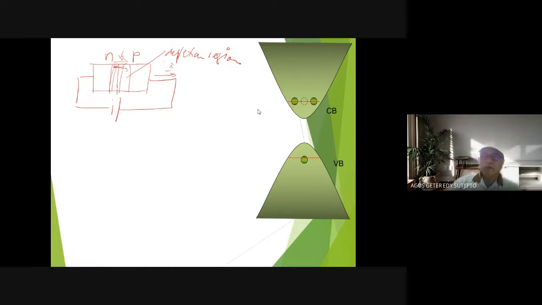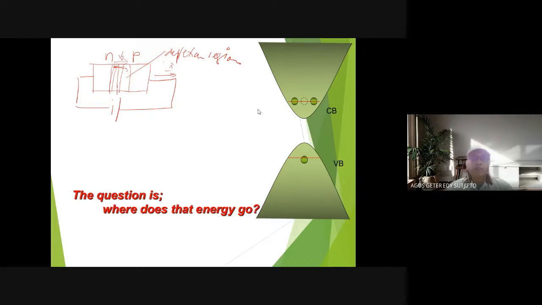And then what happened then? Can see the question here. Where does that energy go? The energy goes from the high level to the low level of the energy.